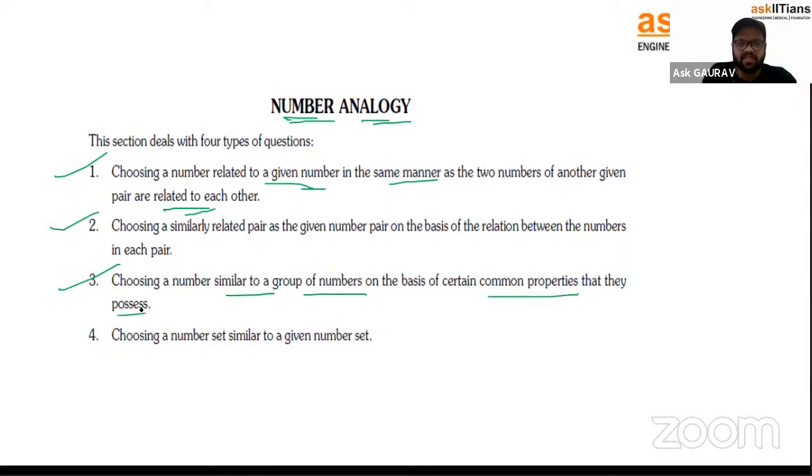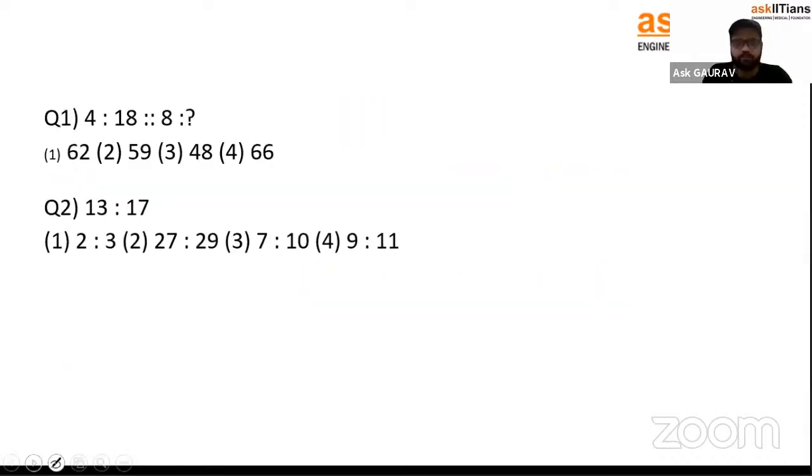Choosing a number set similar to a given number set. Basically, it's just the definition of number analogy, that some number should be similar to the other. Okay, these are the questions for you.